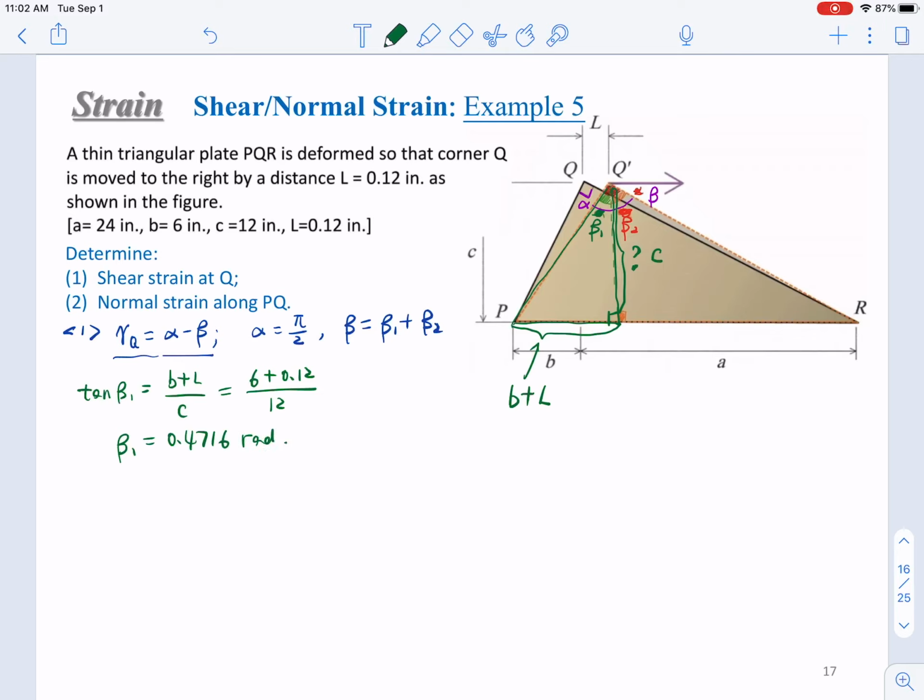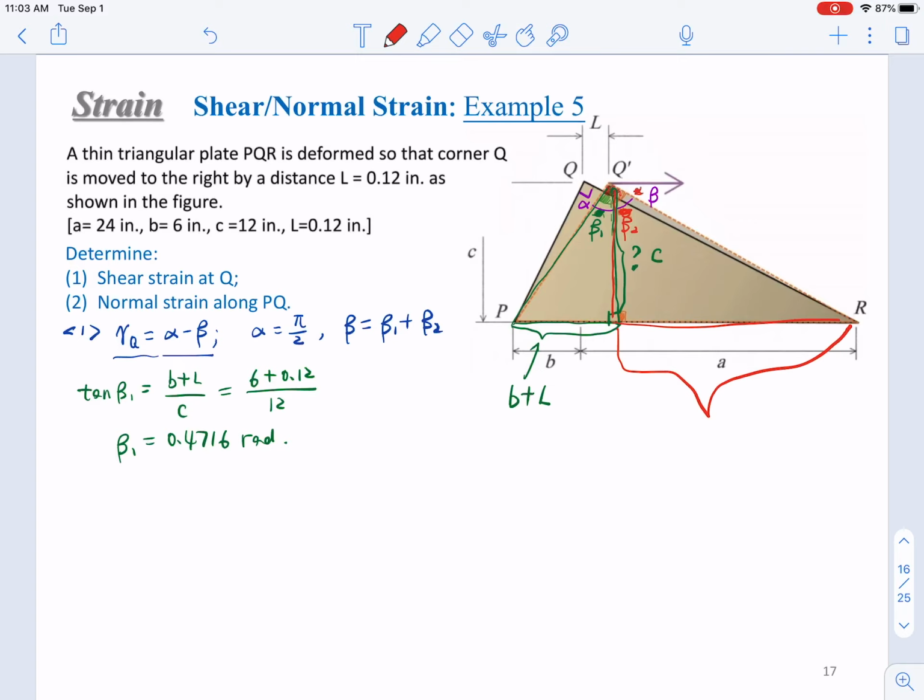Then later you can find beta 2. In the second triangle here, we just need to determine the sides.